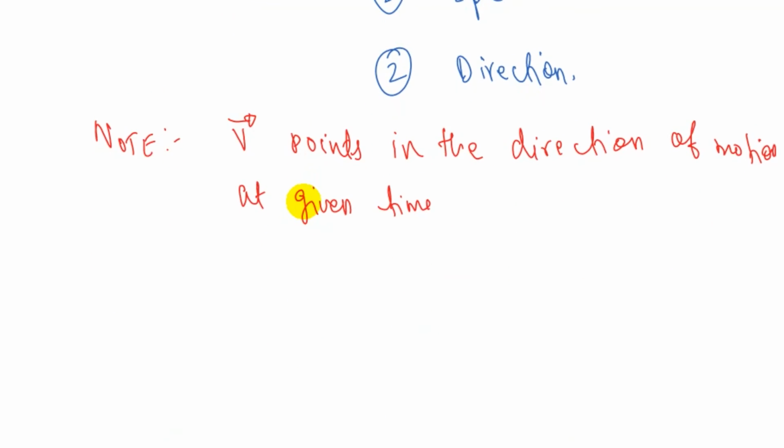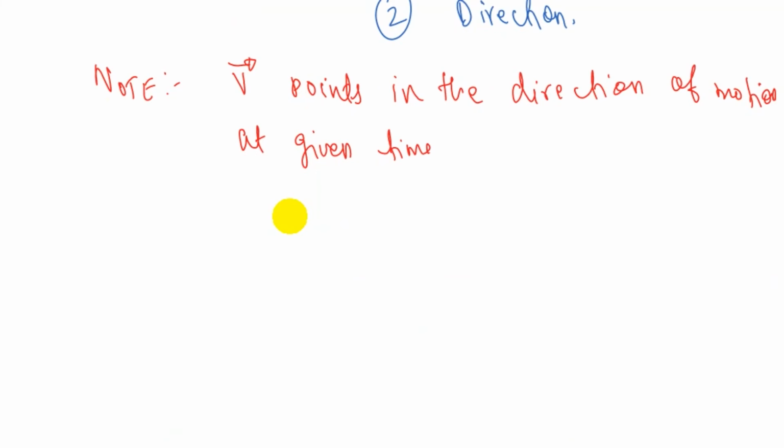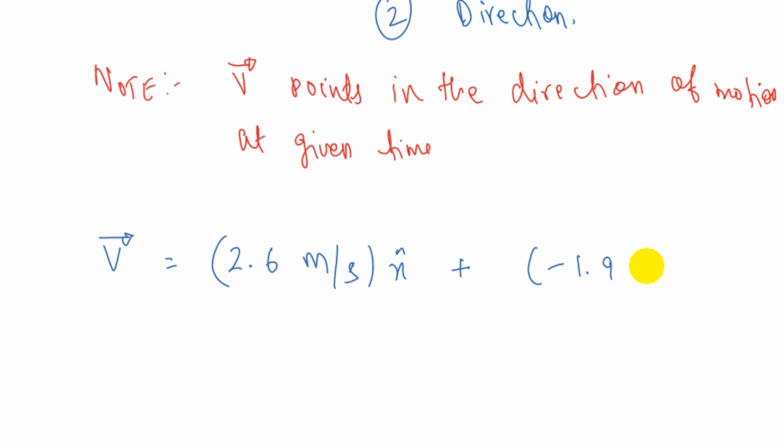Now based on the concept that we have just studied, I'm taking one problem. Suppose the velocity vector for a particle is given to us, which is v vector equals 2.6 meter per second x cap plus minus 1.9 meter per second y cap, and we need to find the speed of the particle.